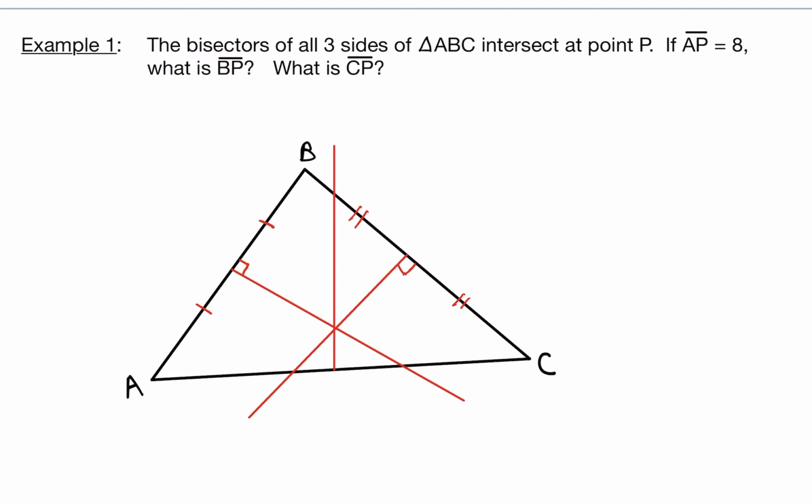Okay, so this is perpendicular. And that means this side here is bisected, so both of those sides are equal. And we are told that they intersect at point P. So let's go ahead and label that as point P. Okay.